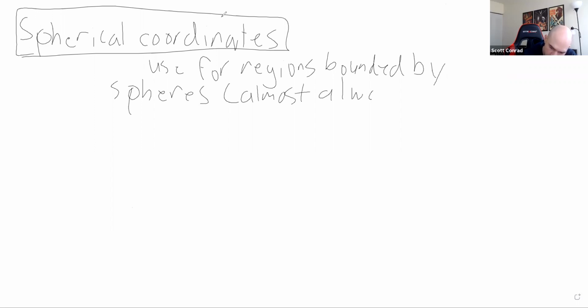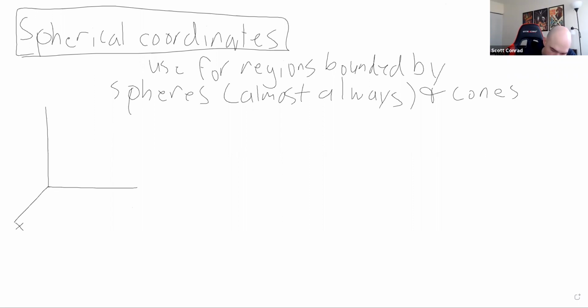And as we'll see, cones and sometimes points, but basically stuff involving spheres. If you see a sphere in there, almost always spherical coordinates is the best coordinate system to use. We're in R3 as well. So polar is for regions in the plane, and then cylindrical and spherical are for regions in R3.